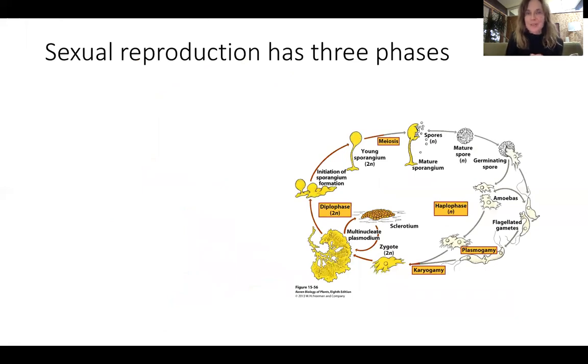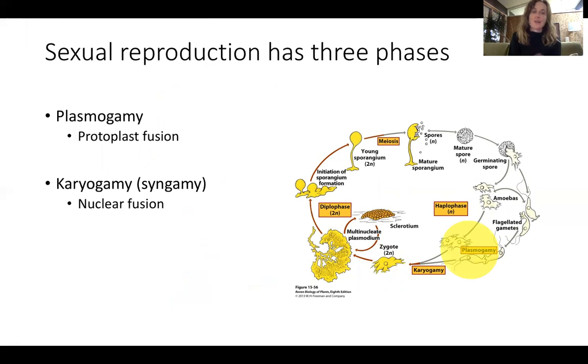But the cool thing about this, and we haven't talked about this yet in this class, but it's not uncommon among fungi, is this idea of plasmogamy, where it's not karyogamy. It's not nuclear fusion, but it's protoplast fusion.